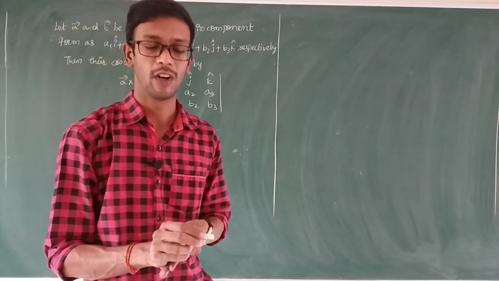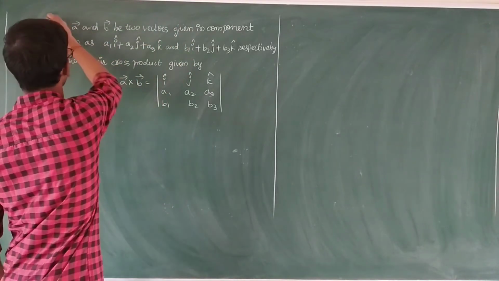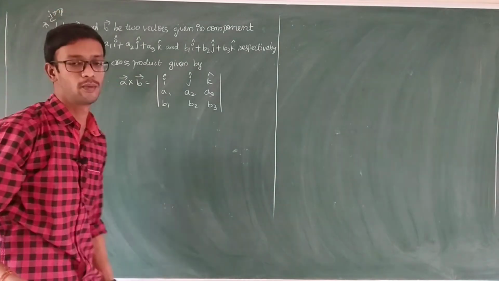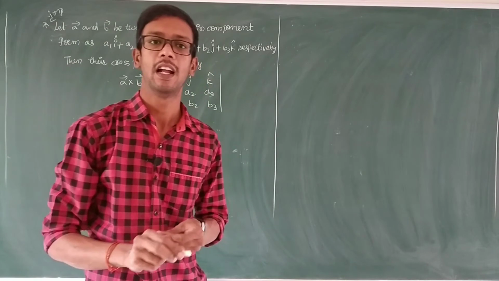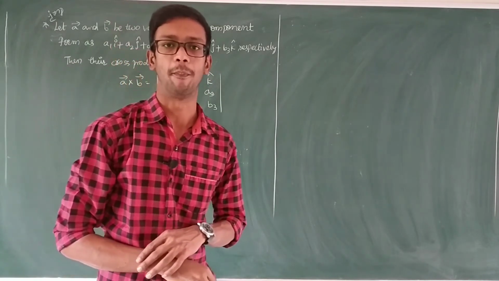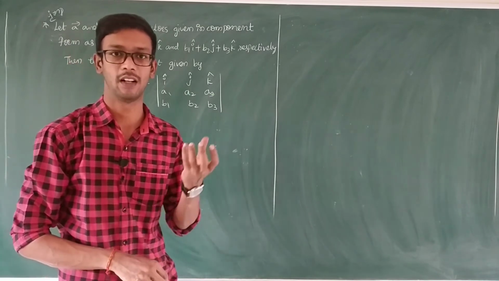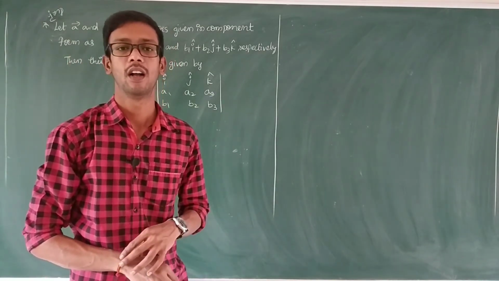Next, one important concept here. If two vectors A bar and B bar are given in component form, component form means x i cap, y j cap plus z k cap, like that form is a component form.